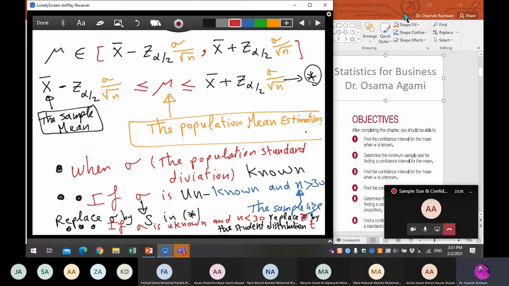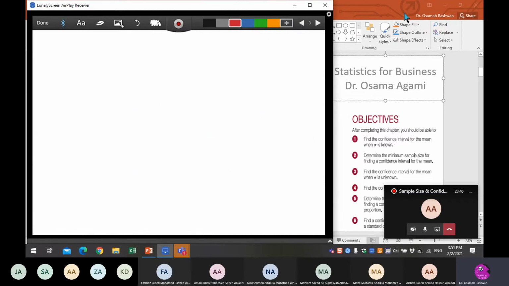But before we go, what about the sample size? If we are going to estimate the population mean, in the case of determining the mean, n is equal to what? Z alpha over 2 times sigma over E, right?